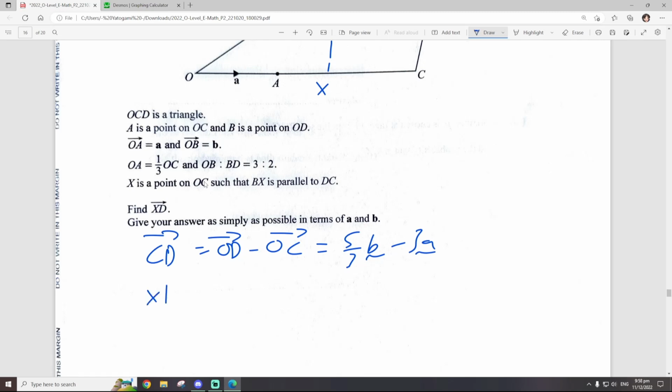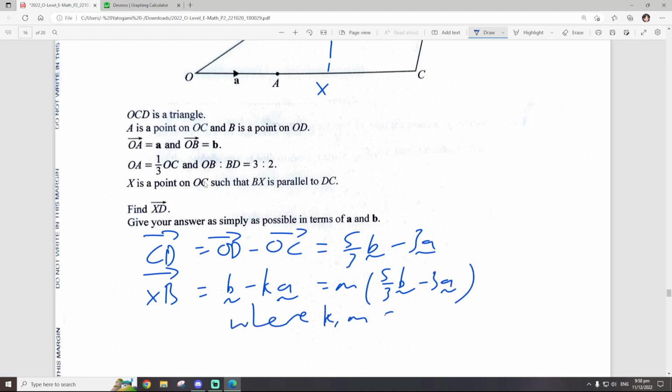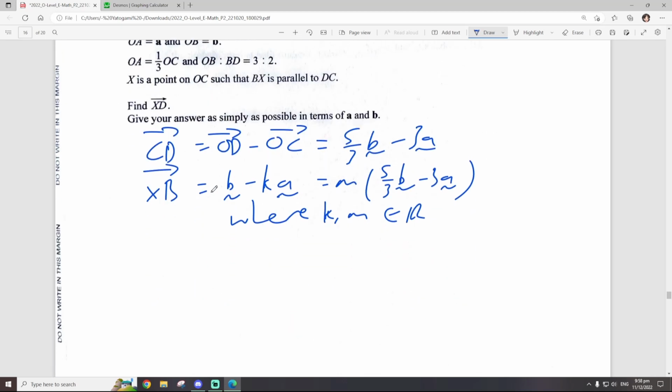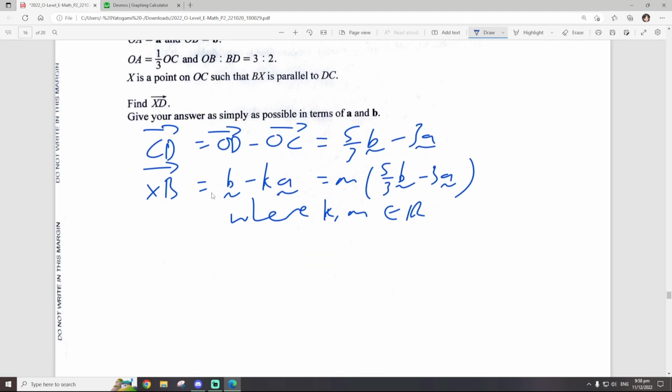So we have XB also, and we know that this is B minus KA equals M times 5/3 B minus 3A, where K and M are real numbers to be determined. But of course, we notice that for this to be true, it must be the case that M is 3/5, and therefore K is 9/5.